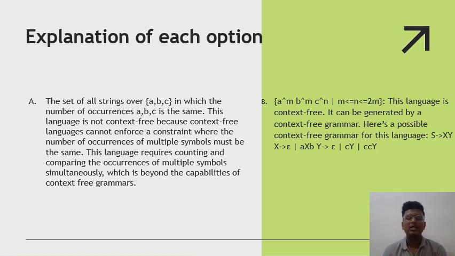This language requires counting and comparing the occurrences of multiple symbols simultaneously, which is beyond the capabilities of context-free grammars. B, this language is context-free. It can be generated by a context-free grammar. Here's a possible context-free grammar for this language.